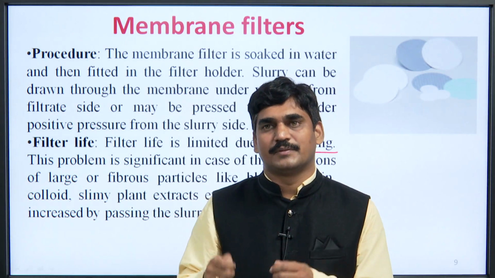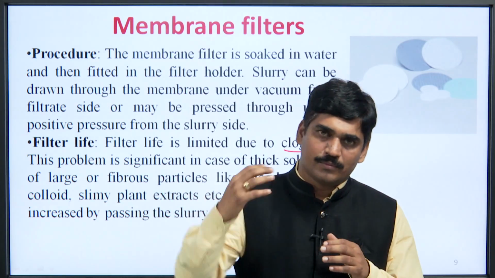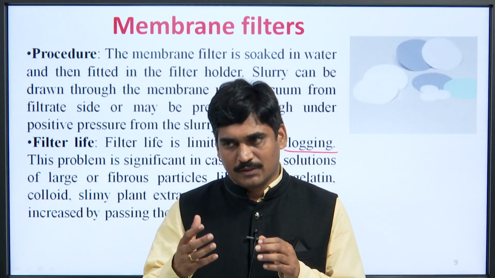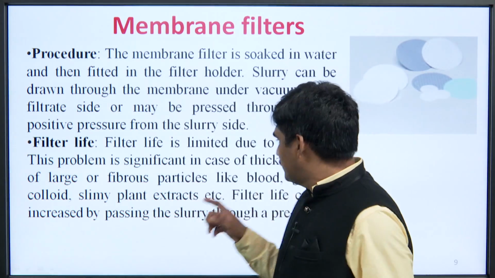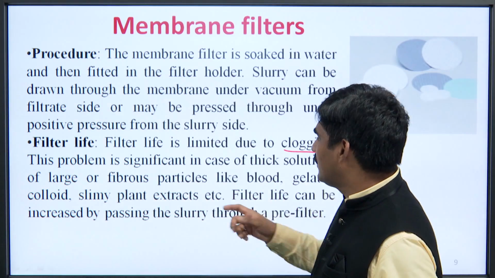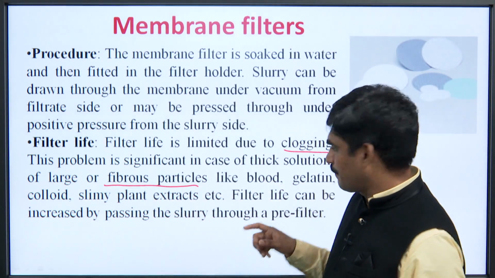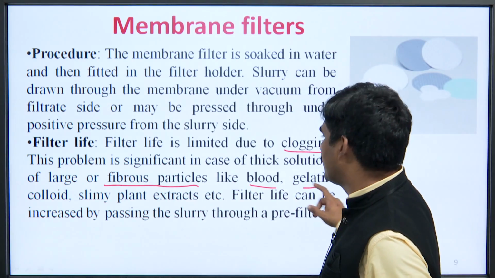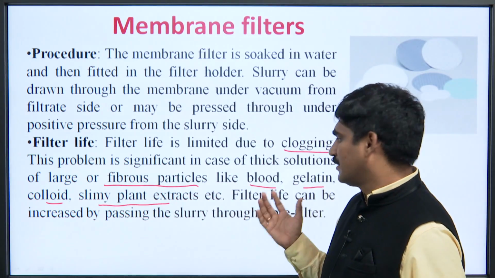That means, once used, we have to discard it, or we have to wash it properly. This clogging problem occurs more frequently in the case of large or fibrous particles like blood, gelatin, colloid or plant extracts, etc.